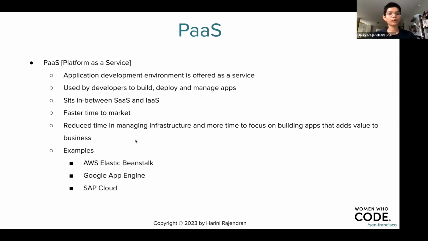And all you have to do is just upload your code and press the deploy button. You are not worried about the server going down and all of that. All of that is managed by the platform that is provided to you as a service. So these are some of the examples: AWS Elastic Beanstalk, Google App Engine, and SAP Cloud.